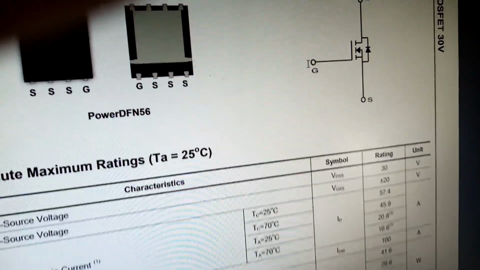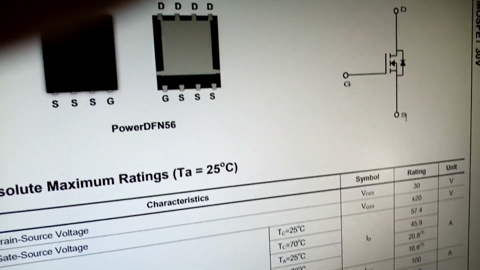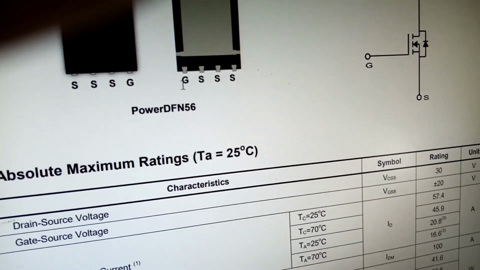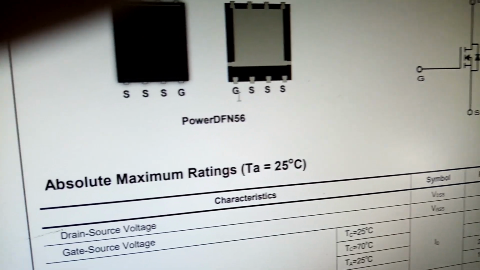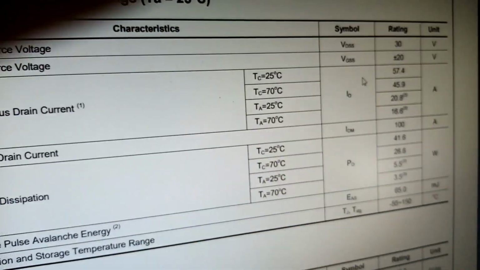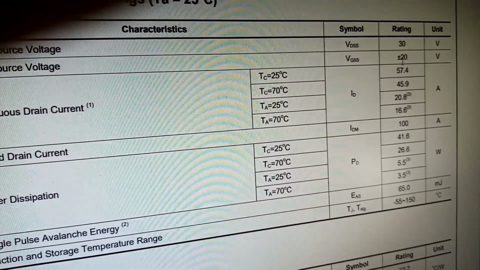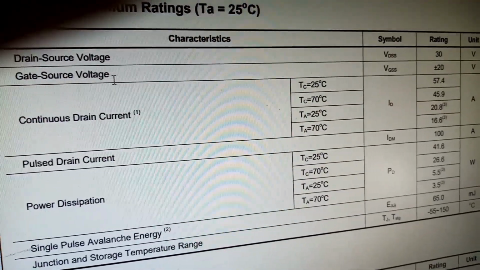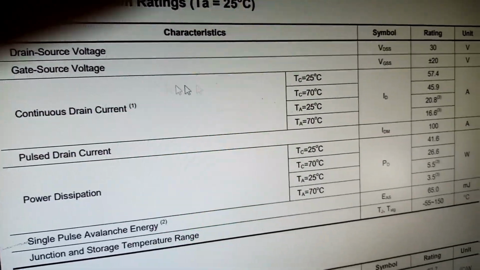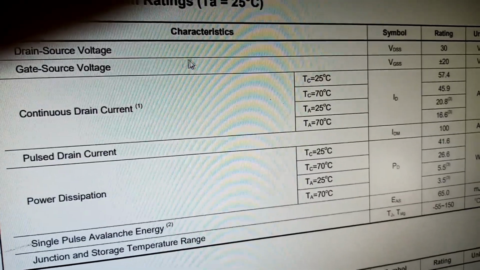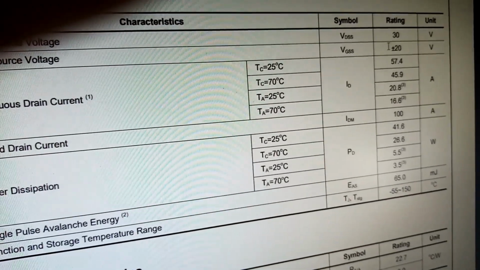We have the gate here, we have the source and the drain, and so we come to the drain source here. You can see the gate to source is rated at plus or minus 20 volts, and drain to source is rated at 30 volts at least.